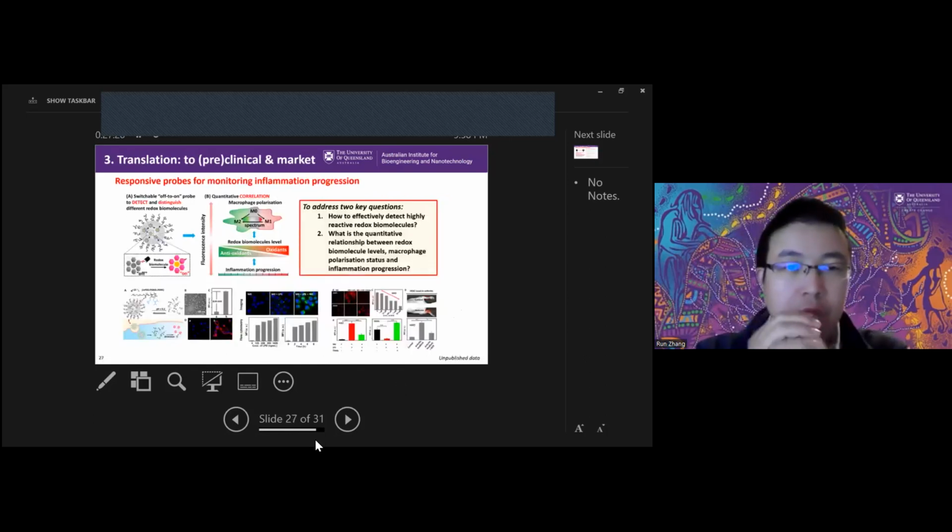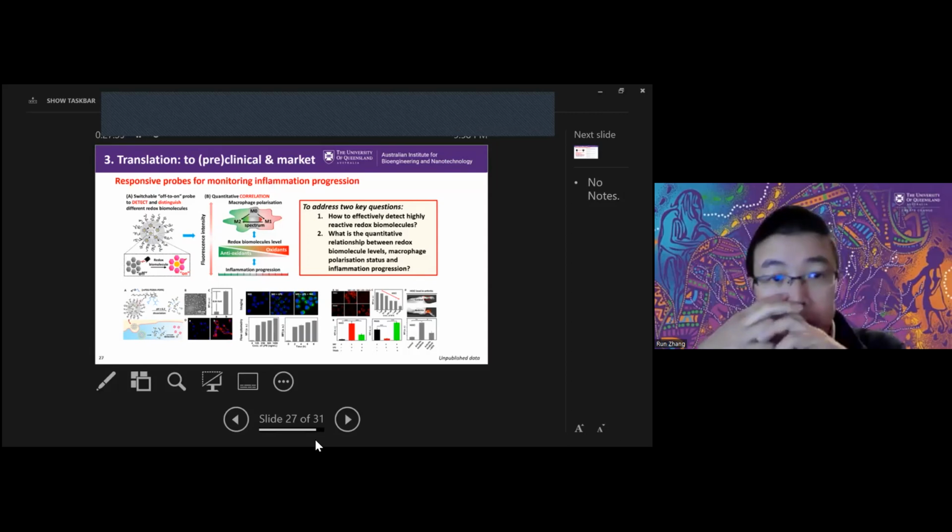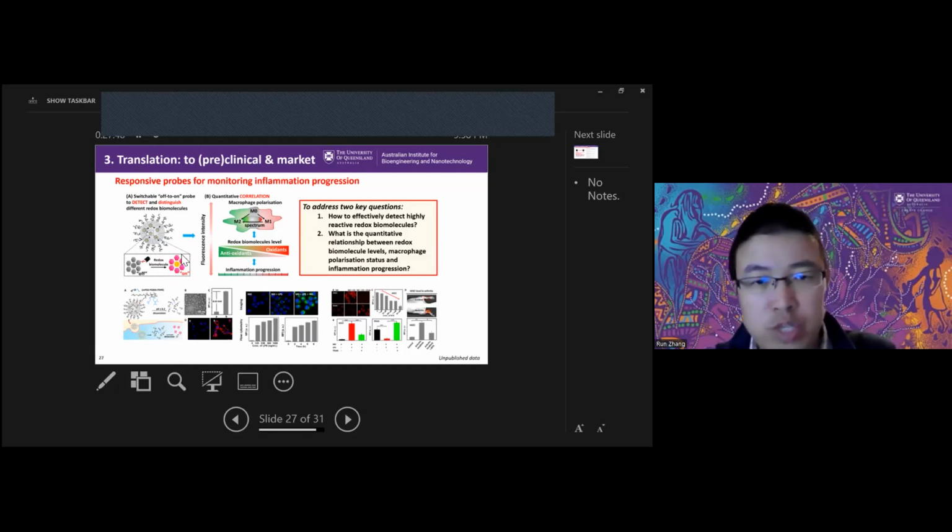For the third part, I will briefly introduce some of our efforts to translate our research outcomes to preclinical tools or the market. We are currently working on using the probes for the determination of redox biomolecules inside macrophages.